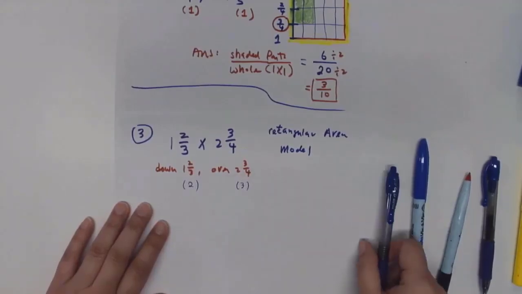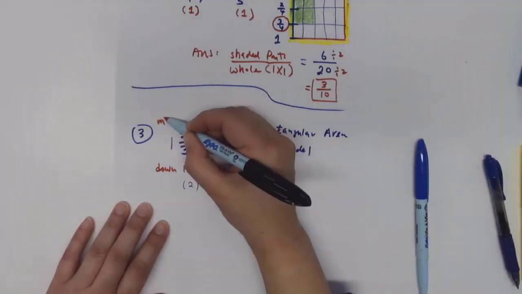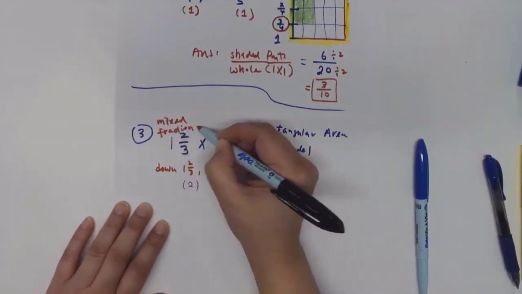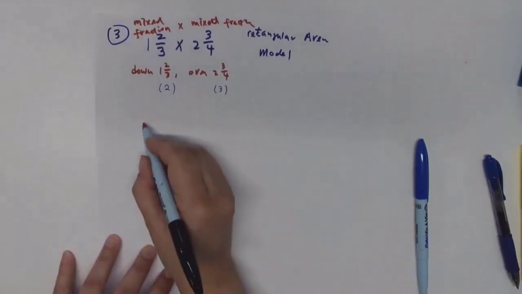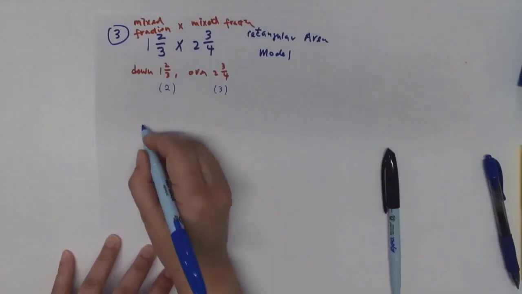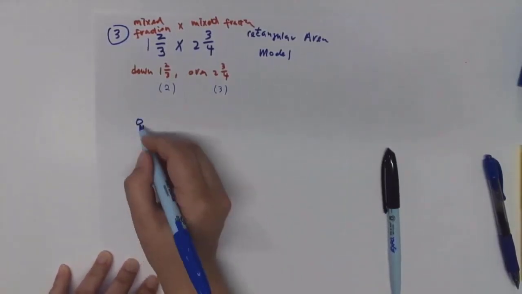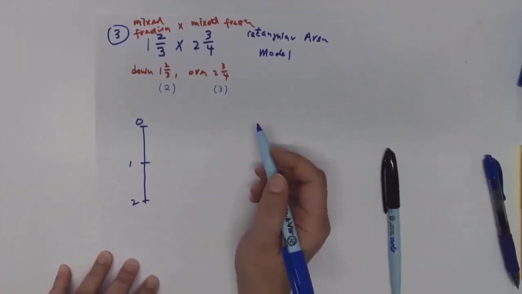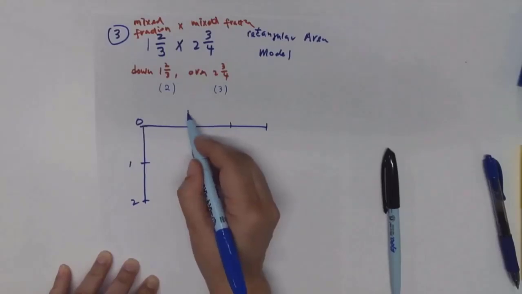This is an example of a mixed fraction times another mixed fraction. What do I draw? From 0 to 2 down, over 1, 2, 3. And then what?